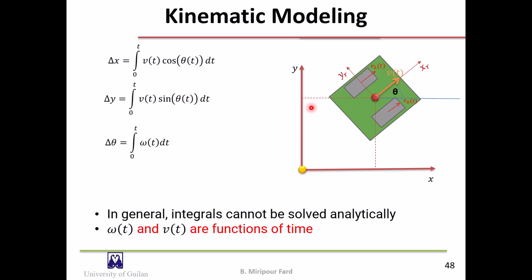The angle of Vt with the x-axis of the world coordinate is equal to theta. Since omega of t and v of t in these equations are generally functions of time, these integrals cannot be solved analytically.